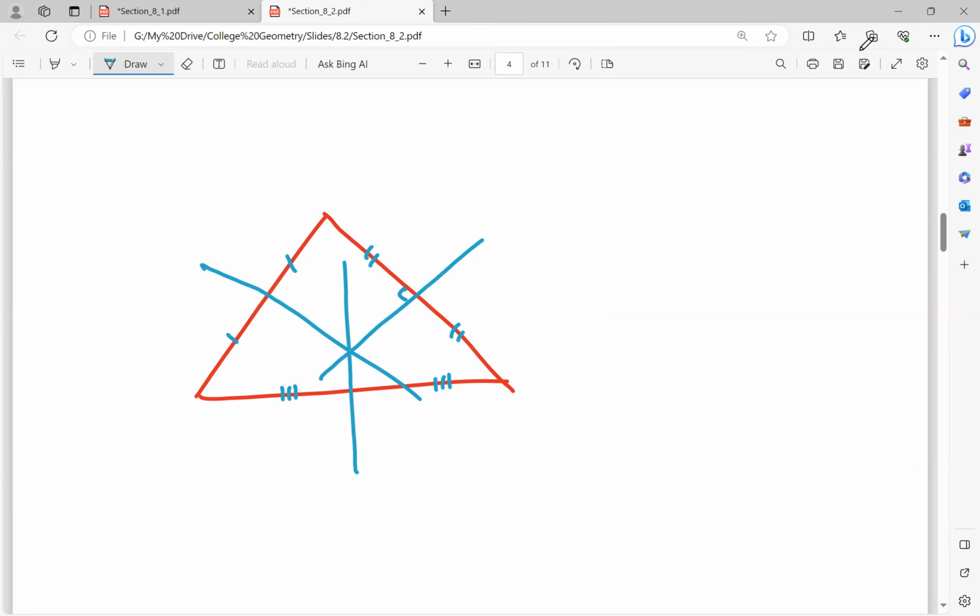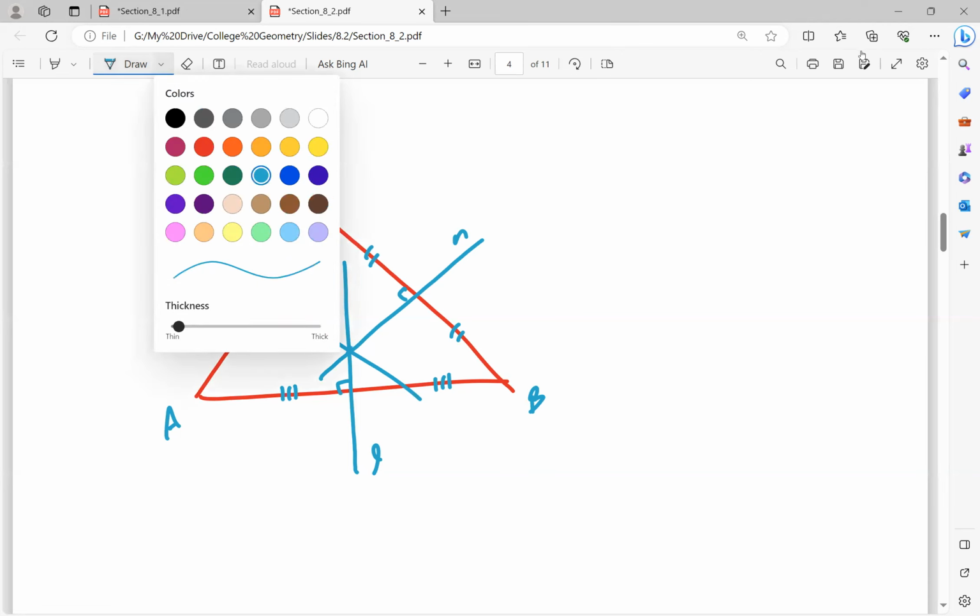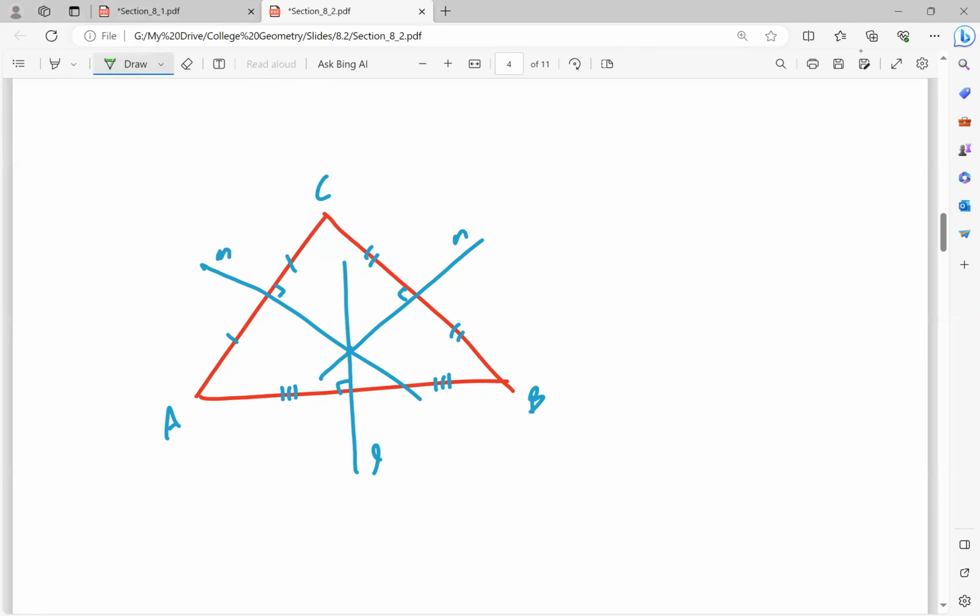And these are all right angles. Let's call this A and B and C. Call this L and M and N. Assume they are all concurrent right here. Well, in that case, let's draw some new lines. So call this point P there. Actually, let's not call it P, let's call it O.